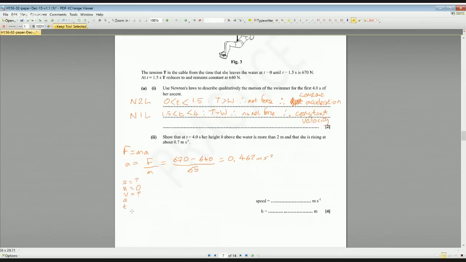Normally in a SUVAT problem, you've got one thing you don't care about, but in this one, we're going to need to do SUVAT twice because we've got 2 things we don't care about. It's no big worry. A is 0.462, we've just worked that out, and T, we're only interested in the first 1.5 seconds. So t is 1.5.